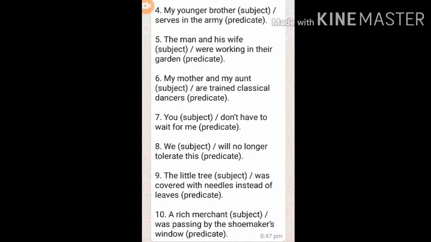We will no longer tolerate this. The little tree was covered with needles instead of leaves. And the last one is a rich merchant was passing by the shoemaker's window.